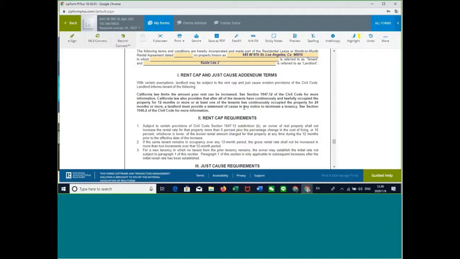I explained to you there is rent control and there's eviction control. Rent control, it doesn't matter how long the tenant has lived there. But for eviction control, it will only apply if the tenant has lived there for a certain length of time.